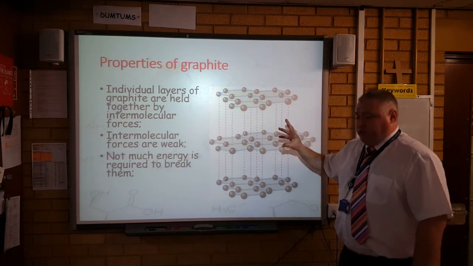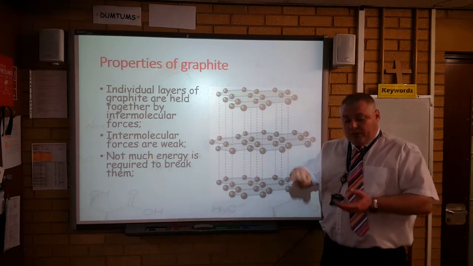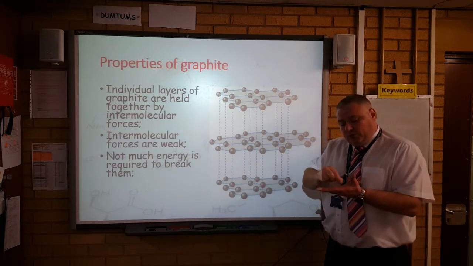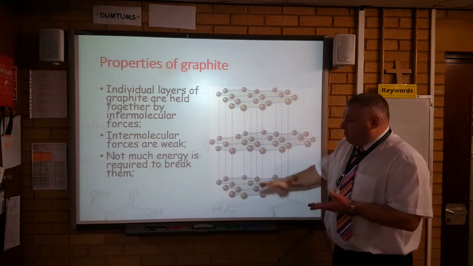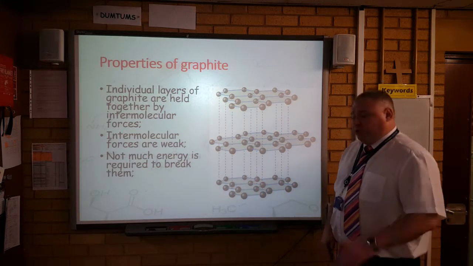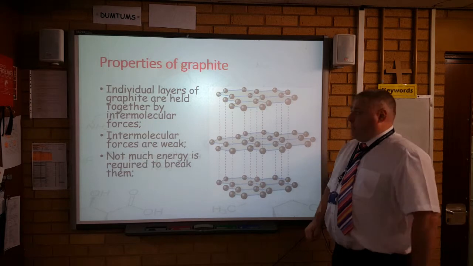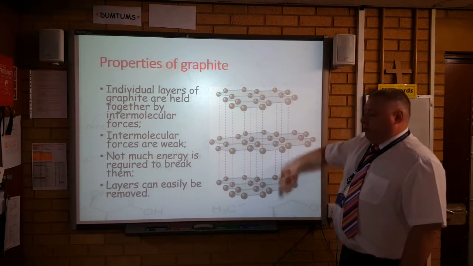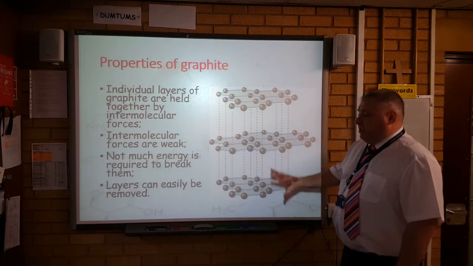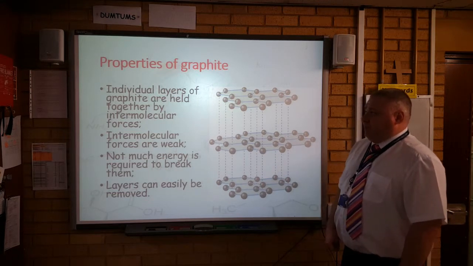In fact, this is why we use graphite in pencils. Just the force of you moving the pencil across a piece of paper is enough to overcome these intermolecular forces and leave a layer of graphite on your paper, so they can be removed very, very easily.